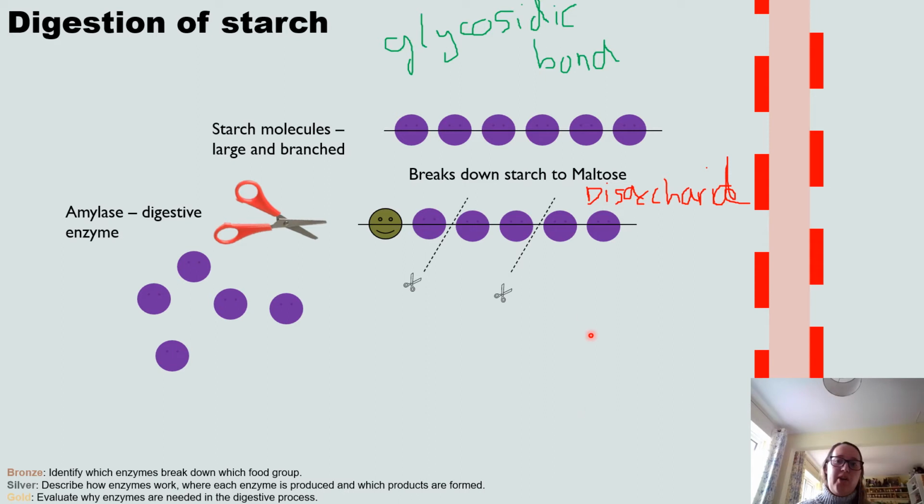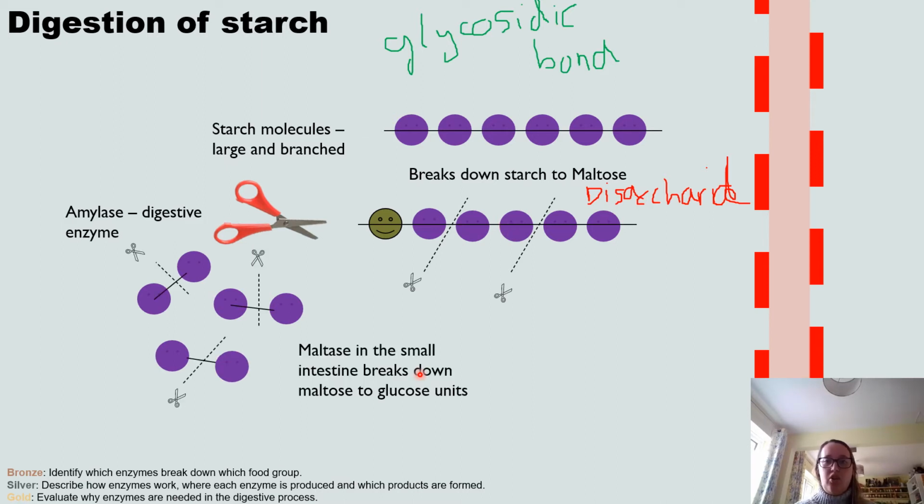So the maltose is, remember, the disaccharide because it is two. So di meaning two. But it's too big to get into the small intestine and the bloodstream. So it would need to fit through these gaps. So in the small intestine, the maltose is broken down into glucose units.